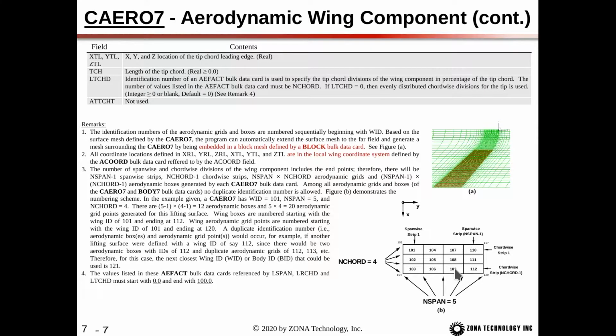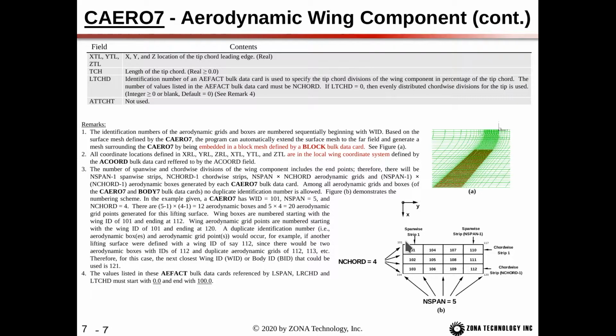So for this numbering scheme, this is why when I choose an ID number for my wing, I'll use, for example, 101 versus 100. I like to count starting at 1. So if my ID of this C-Aero7 is 101, then my boxes are counted 101, 102, 103.